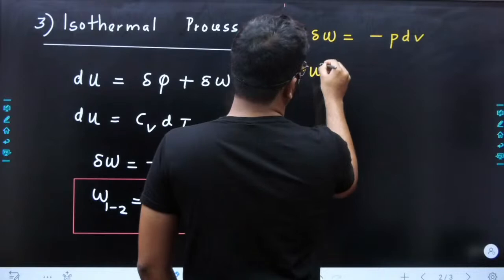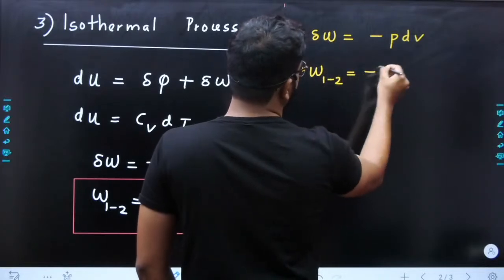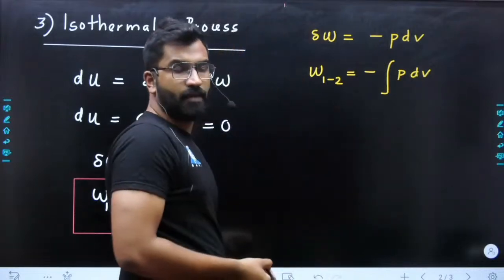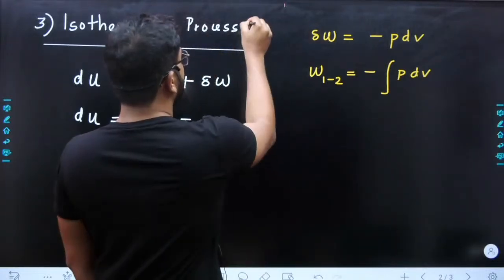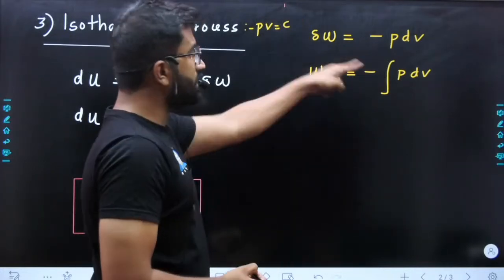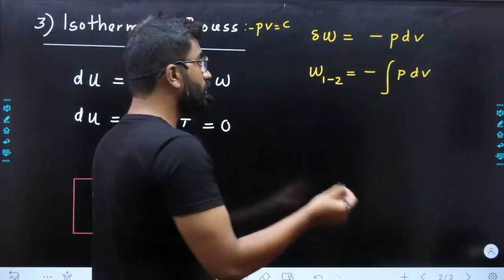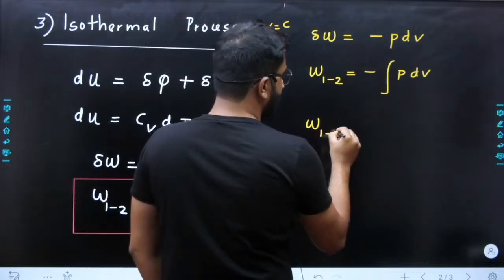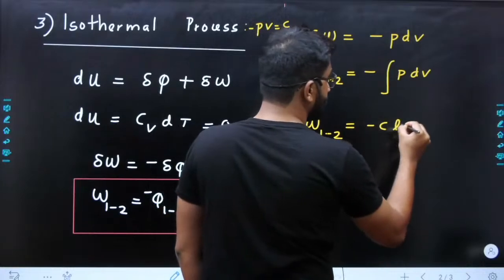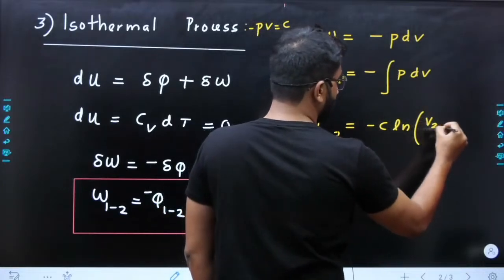If you want to find the work transfer during 1 to 2, we have to integrate PdV. So in place of P we have to substitute. If it is an isothermal process, we have PV equal to constant. Substitute C by V, and for an ideal gas isothermal process you will get minus C ln V2 by V1.